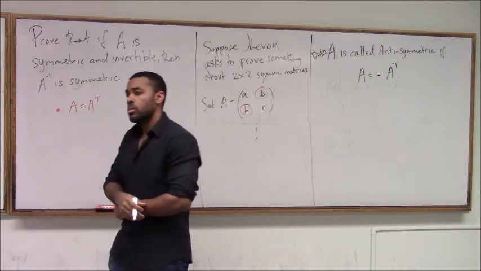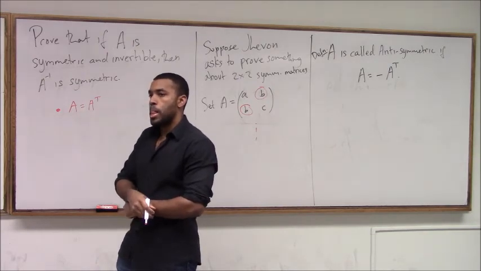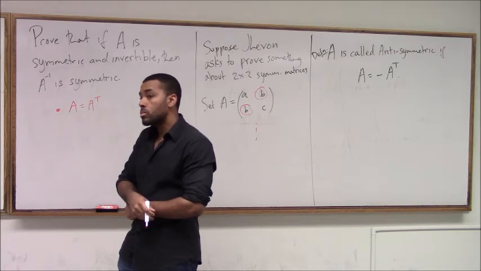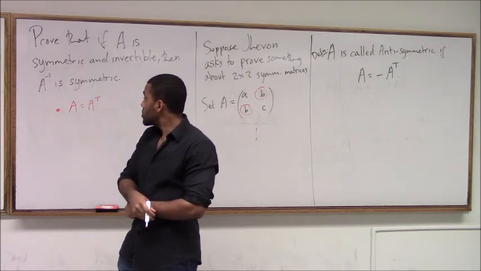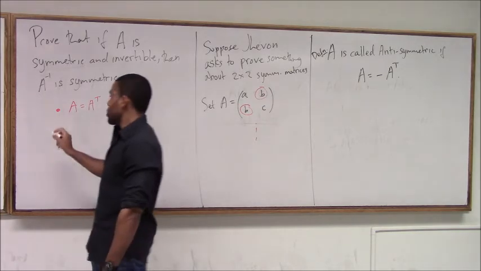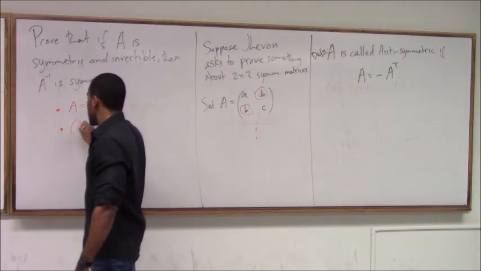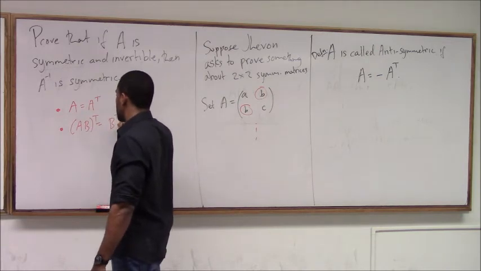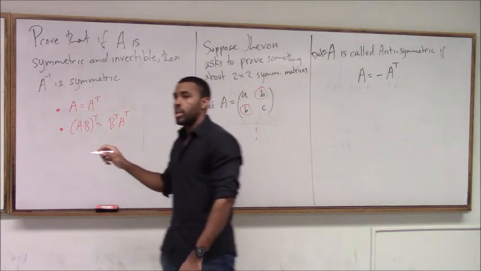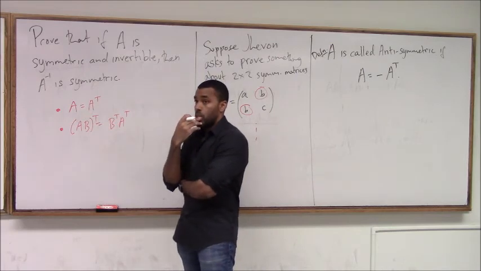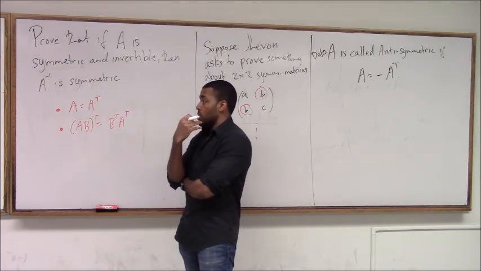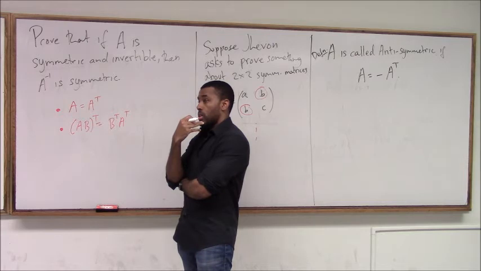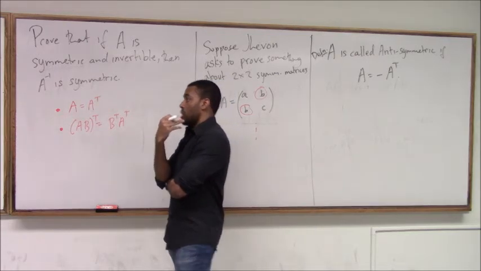We can see that the transpose of a matrix product flips the order and takes the transpose of both. So what fact are you using? We have this parentheses. That's the fact you're using? Okay, and what's your argument on that? Well, we know that A is invertible, so we can write A inverse A equals the identity.